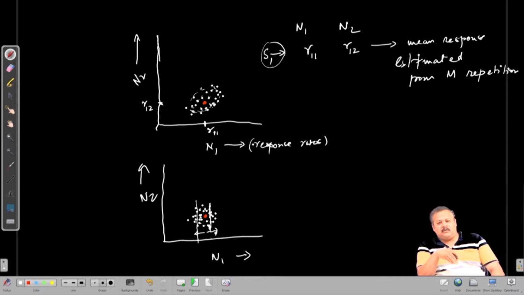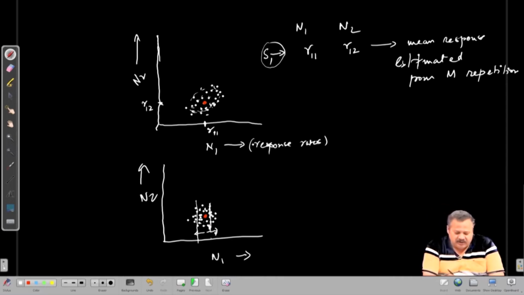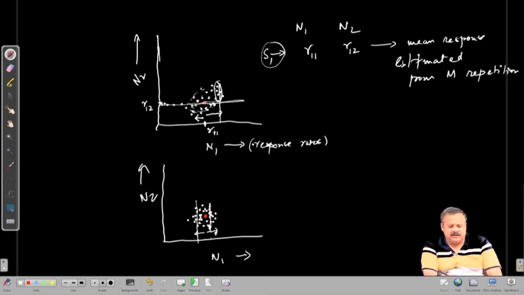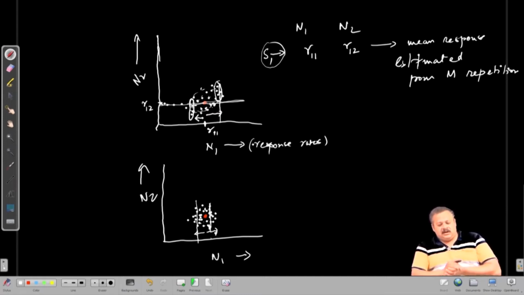Then when neuron 1's response increases beyond its mean, there is a higher chance of neuron 2's response also being above its mean. Similarly, when neuron 1's response is below its mean, we also see a higher chance of neuron 2's response being below its mean. So that means their variation is correlated.